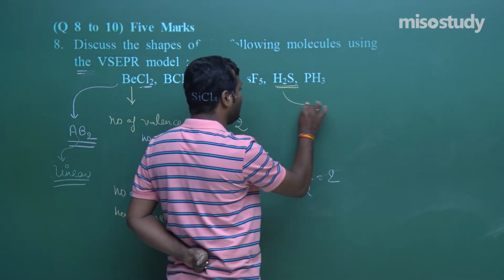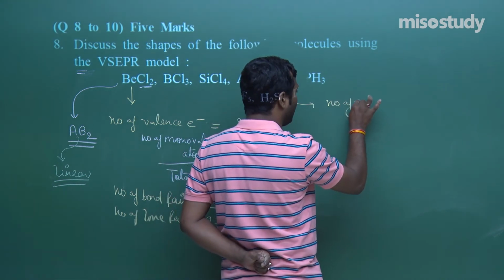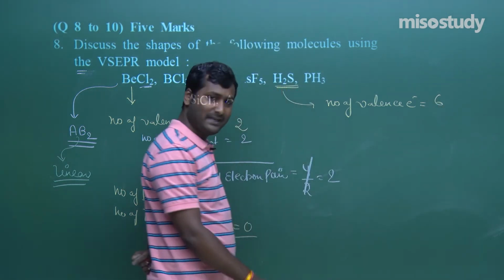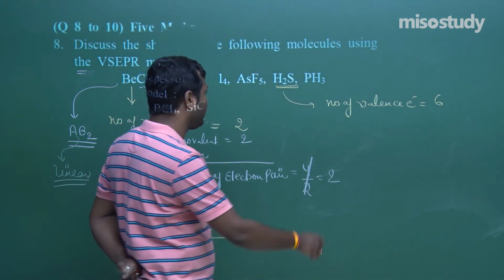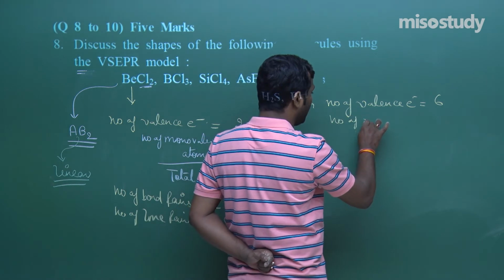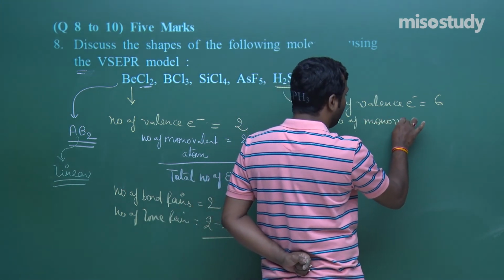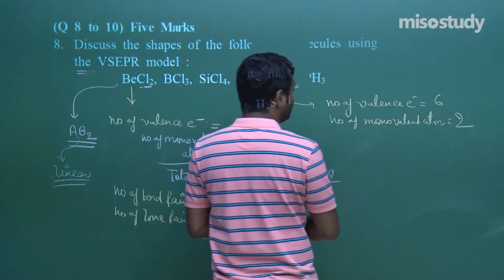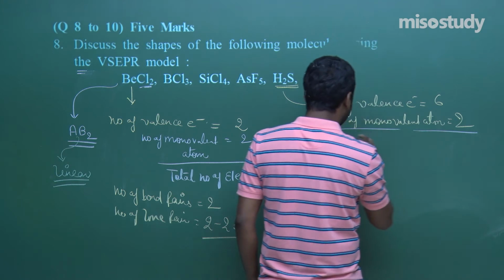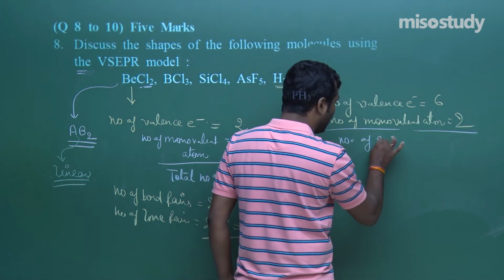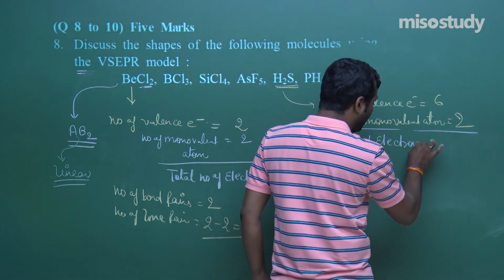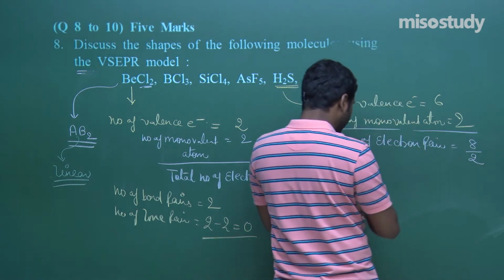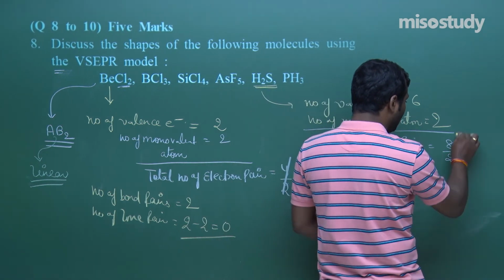Find it out. Tell me, in this case the number of valence electrons of sulfur is 6. 2, 8, 6 is the electronic configuration. Number of monovalent atoms attached to it is 2. So we will say number of electron pairs in this case is 6 plus 2, 8. 8 divided by 2 is equal to 4.